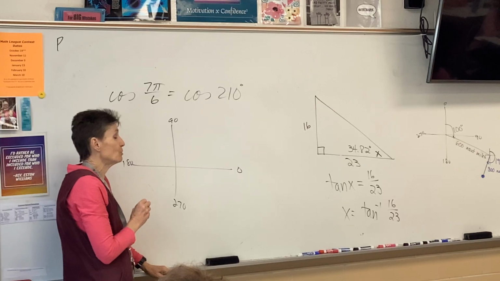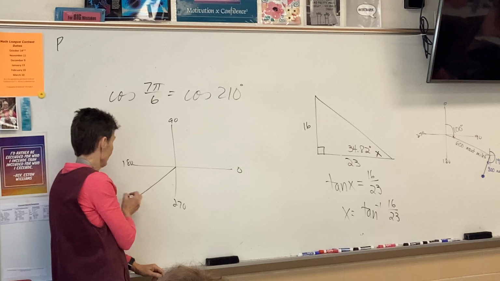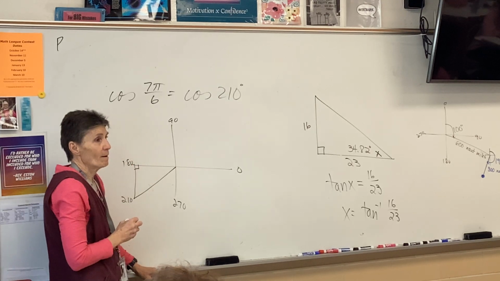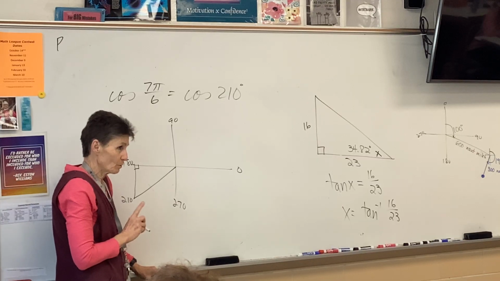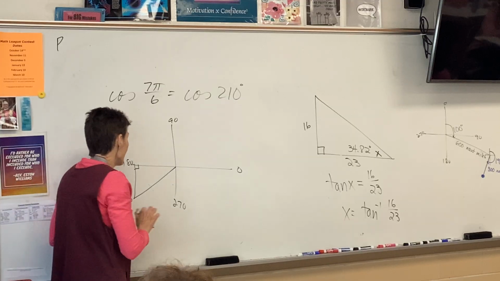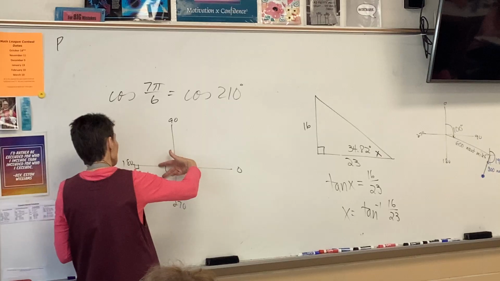So this is our label on a math problem. So where is 210? Here? I make my triangle. Remember, the triangles we draw are always with bow ties. So there it is. And then I gotta figure out this angle right here. I'm not gonna make it hard.